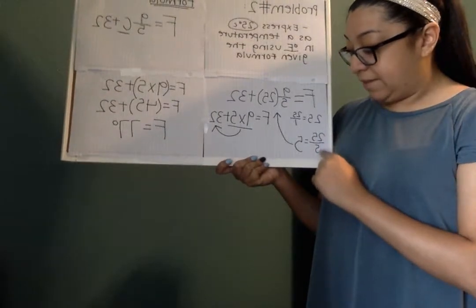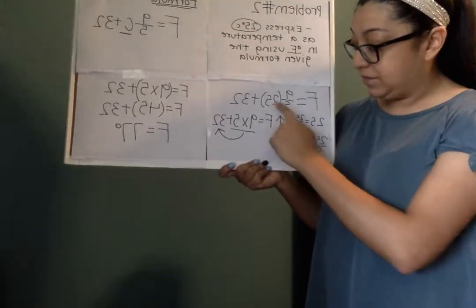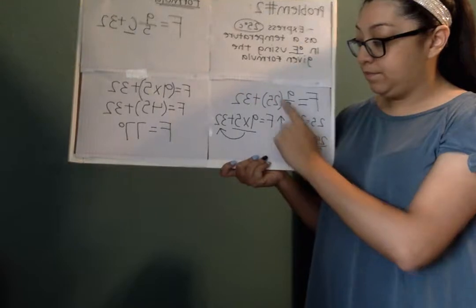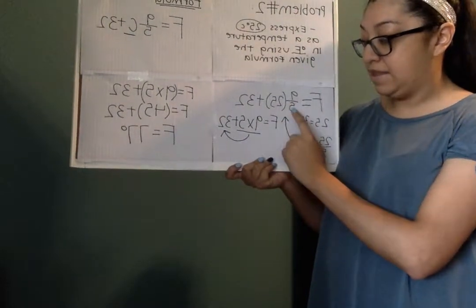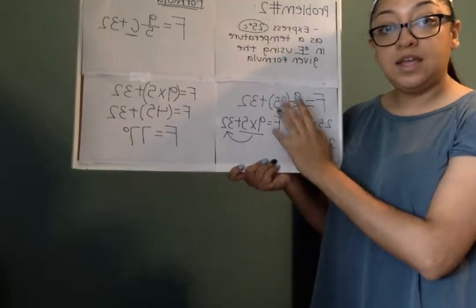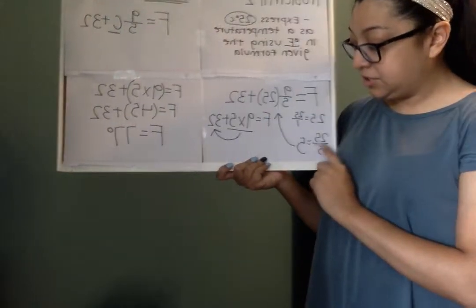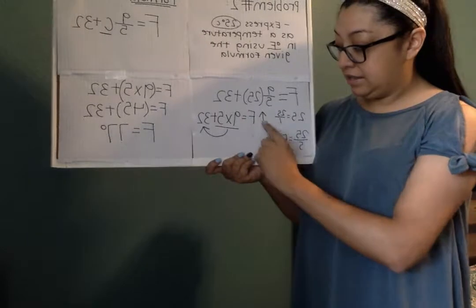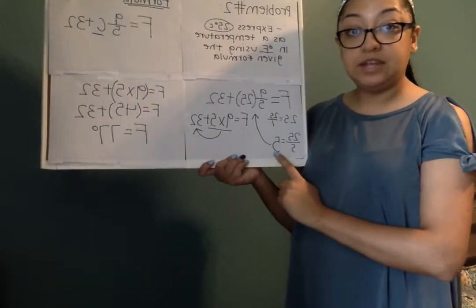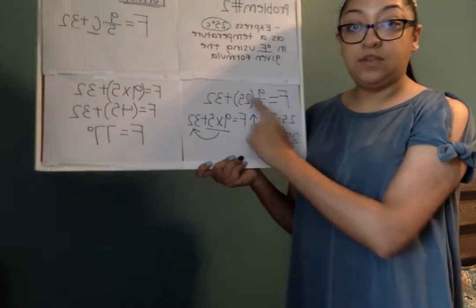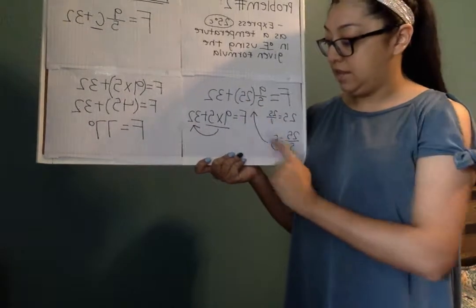So 25 divided by 5 equals 5, because we have to divide the numerator by this denominator in order to get that multiplication done here. Then we can plug that in to this here, which is why this arrow is here, because we now know that we changed this to 5.